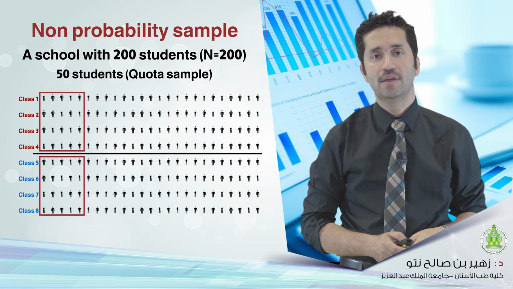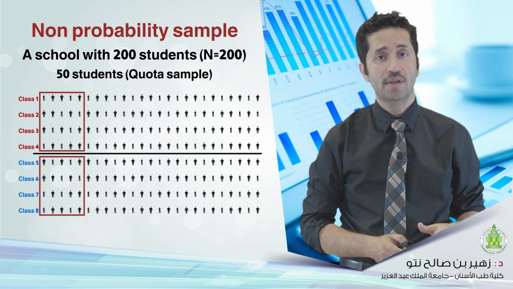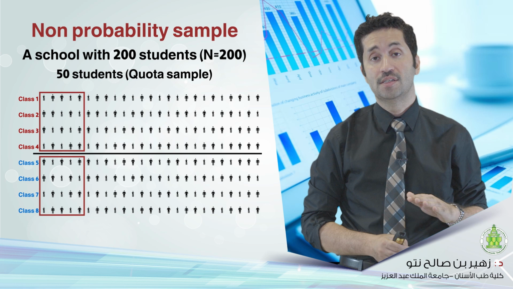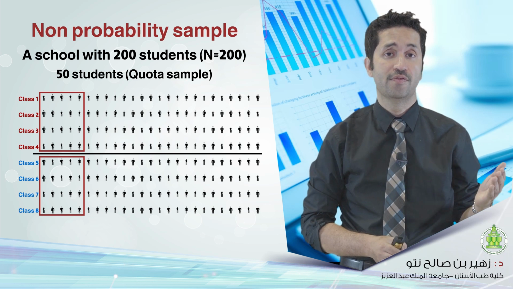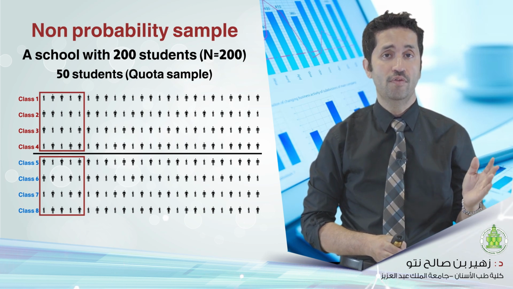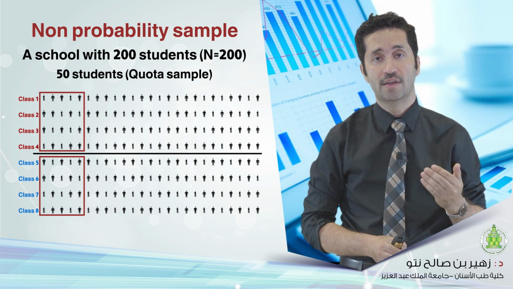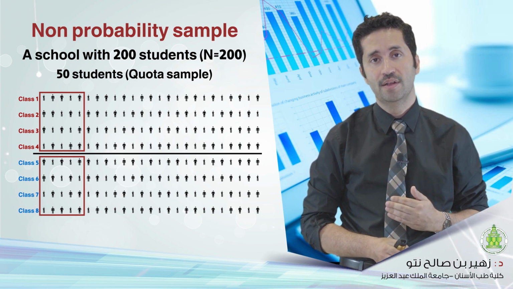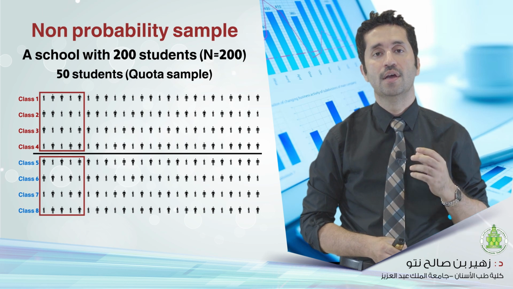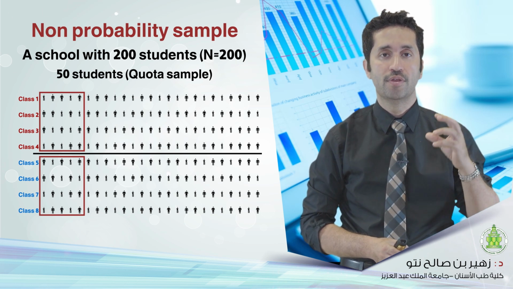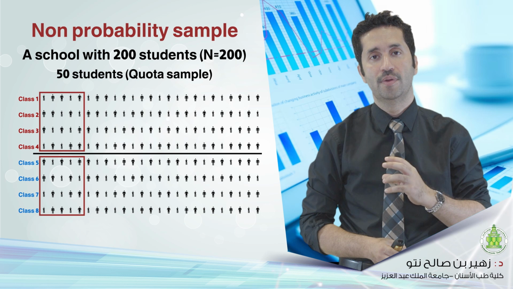The third example of non-probability sampling is the quota sample. The concept is similar to the stratified random sample. However, the difference is that we divide the school into males and females, then take the most accessible males and the most accessible females.